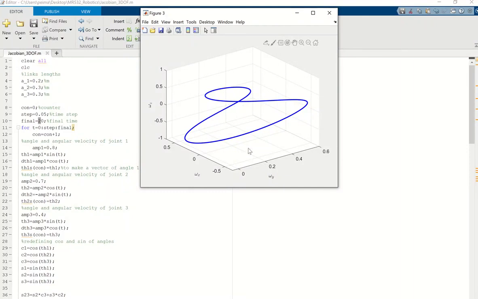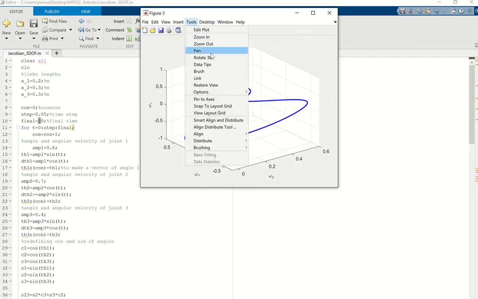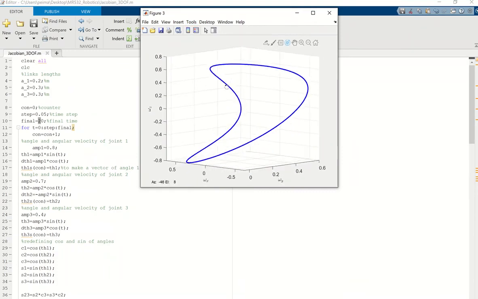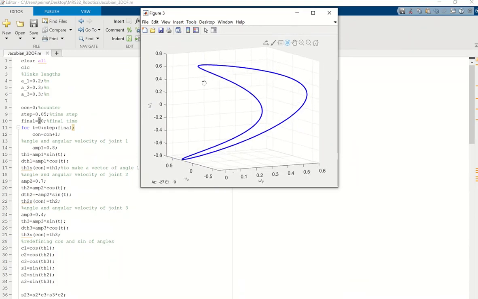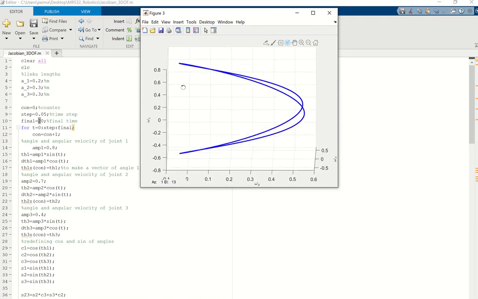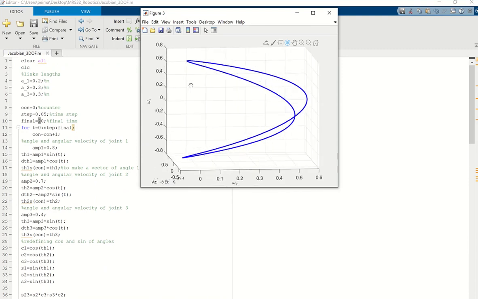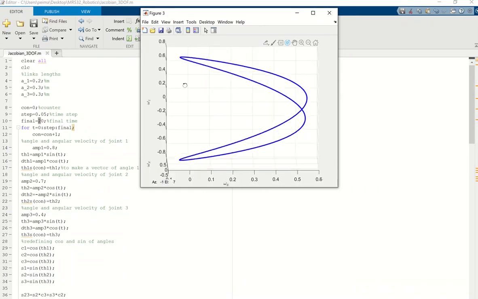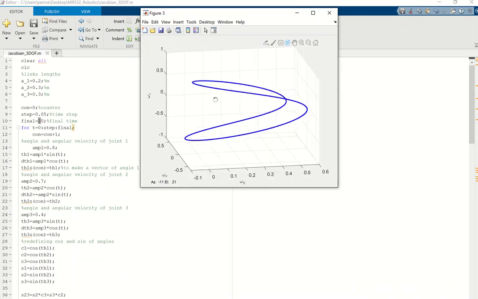You see that the angular velocities of the end effector in 3D space are going to be like these trajectories. See, if I again rotate this, is it 3D? It's very interesting. In omega x, omega y, omega z, it's like this.